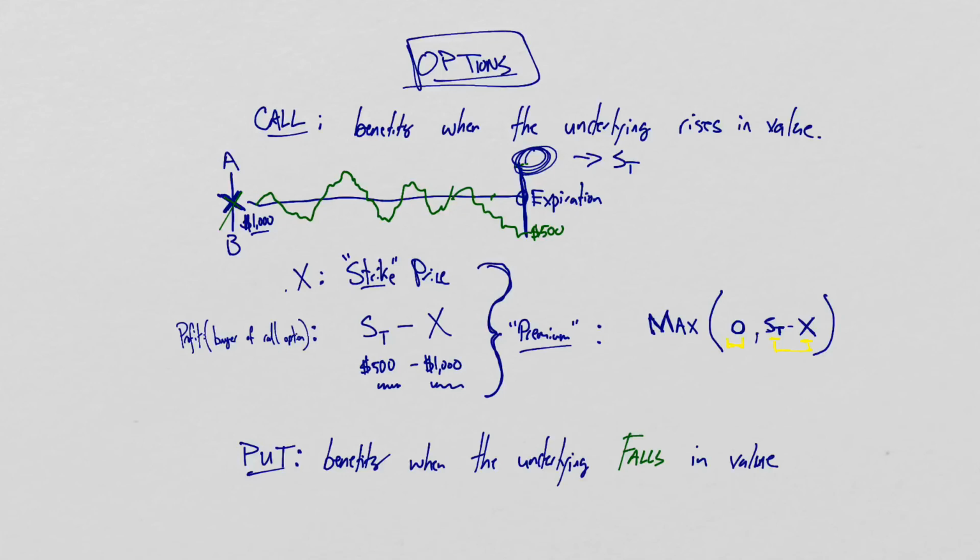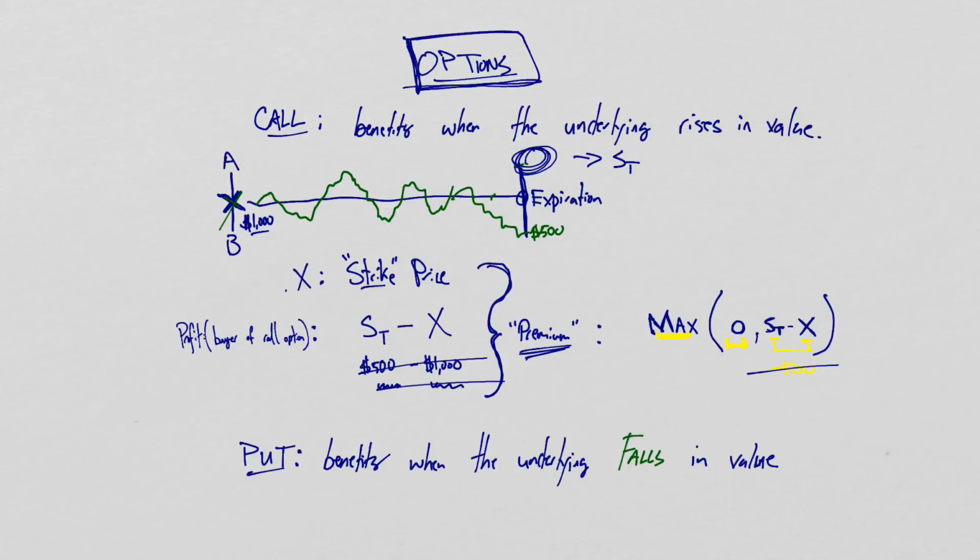Because if ST minus X is negative, then the bigger number here, the maximum, is going to be 0. Meaning that they just walk away. They're out the premium, sure, but they don't have to suffer that $500 loss. That is a very unique feature in the derivatives world of options compared to all the other types of derivatives out there.